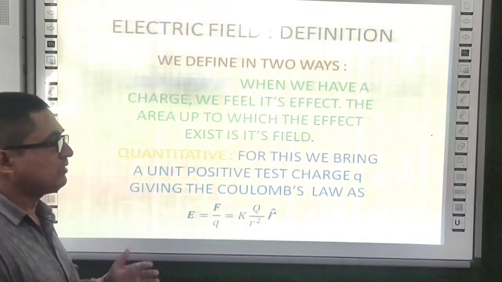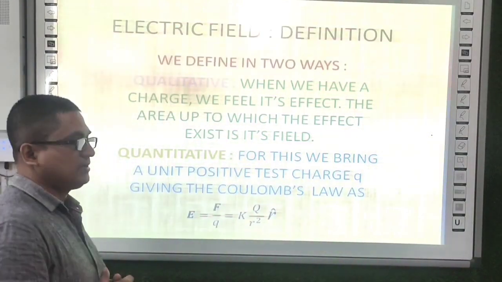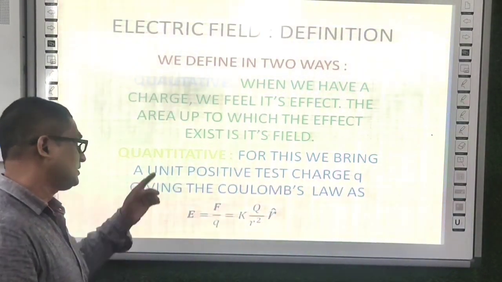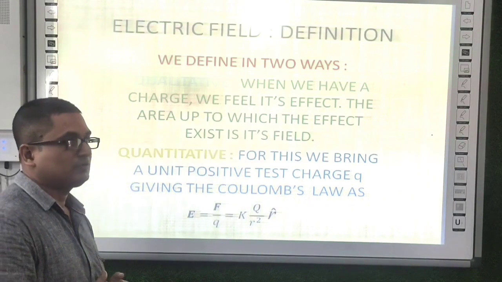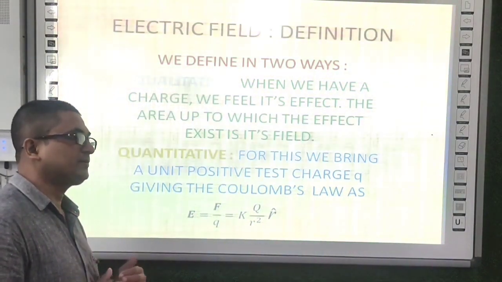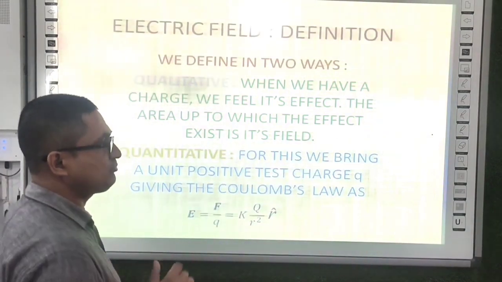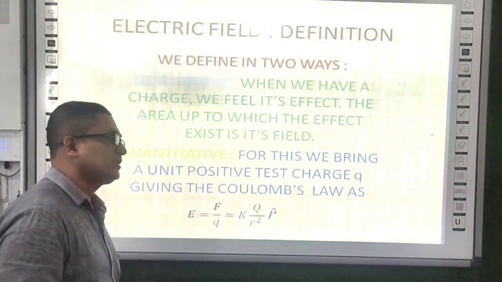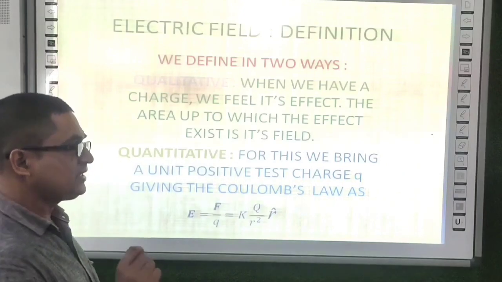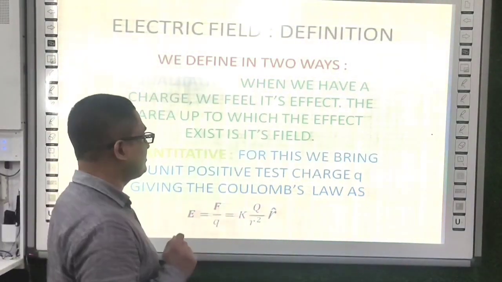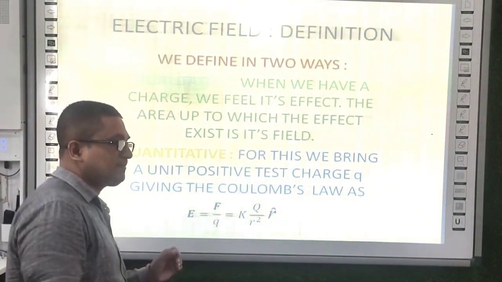That particular region up to which we can feel the effect of the charge is known as electric field. So qualitatively, we think of field as the region of space up to which the charge can put its effect. But we need a quantitative definition as well, as defined here.